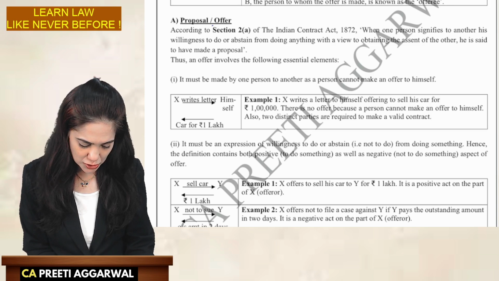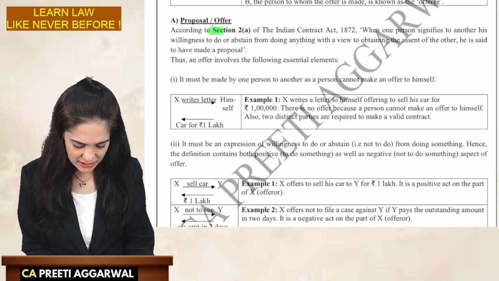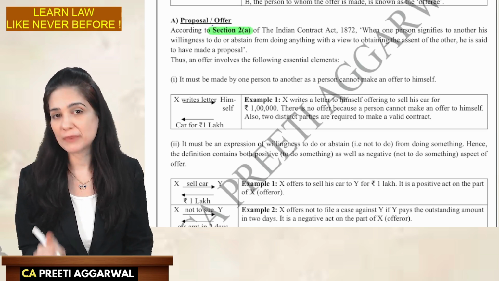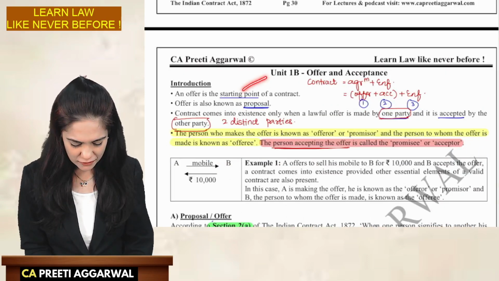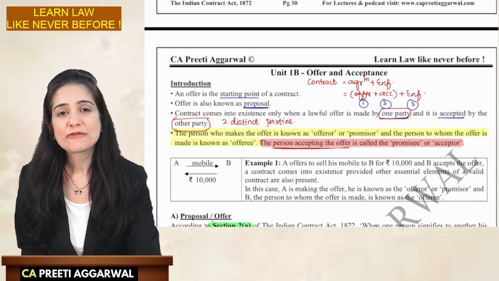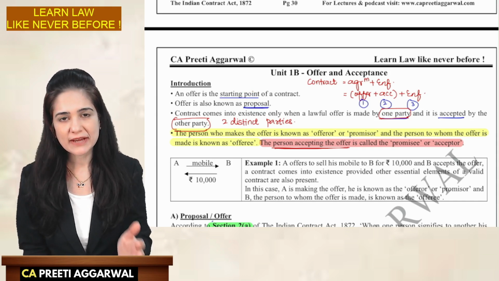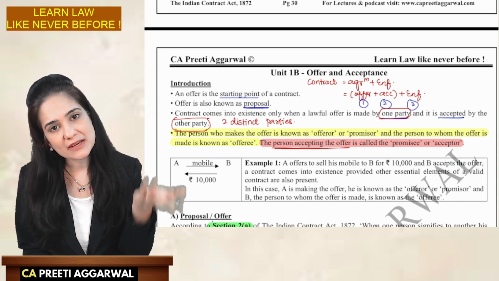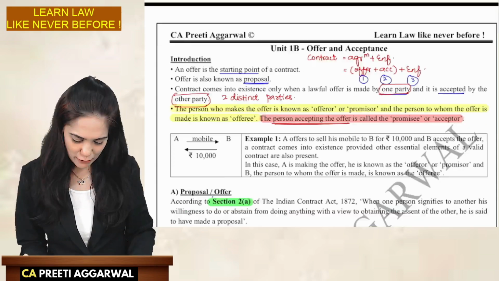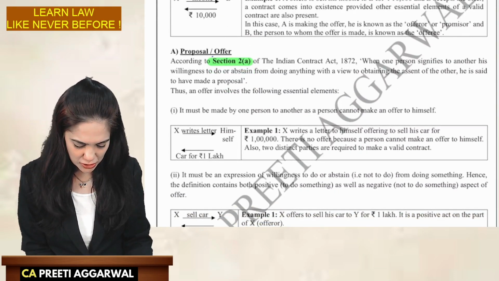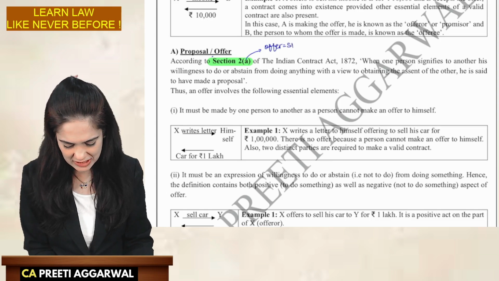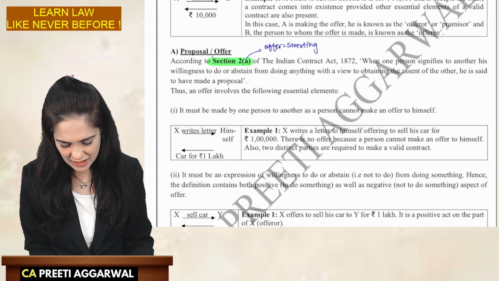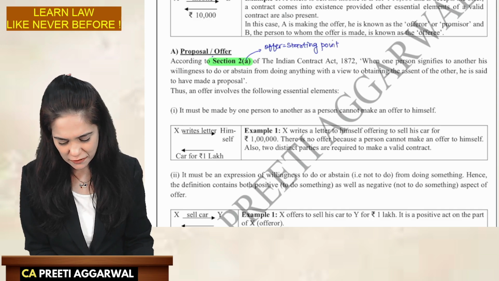Now, section 2, clause A defines offer. It's easy to remember. Offer is the starting point of contract. Since offer is the starting point of contract, section 2A, A is the starting point. So, how will you remember this? Section 2A, because offer is the starting point of contract.